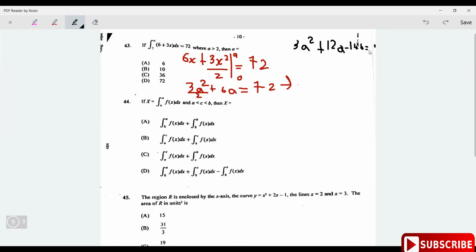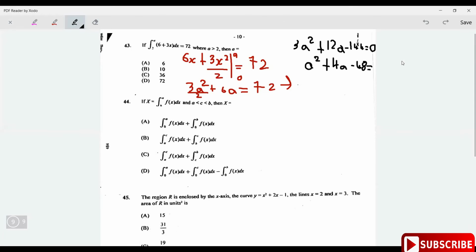Once you have this, you can divide through by 3 to get a squared plus 4a, and minus 144 divided by 3 is minus 48, and that's equal to 0.